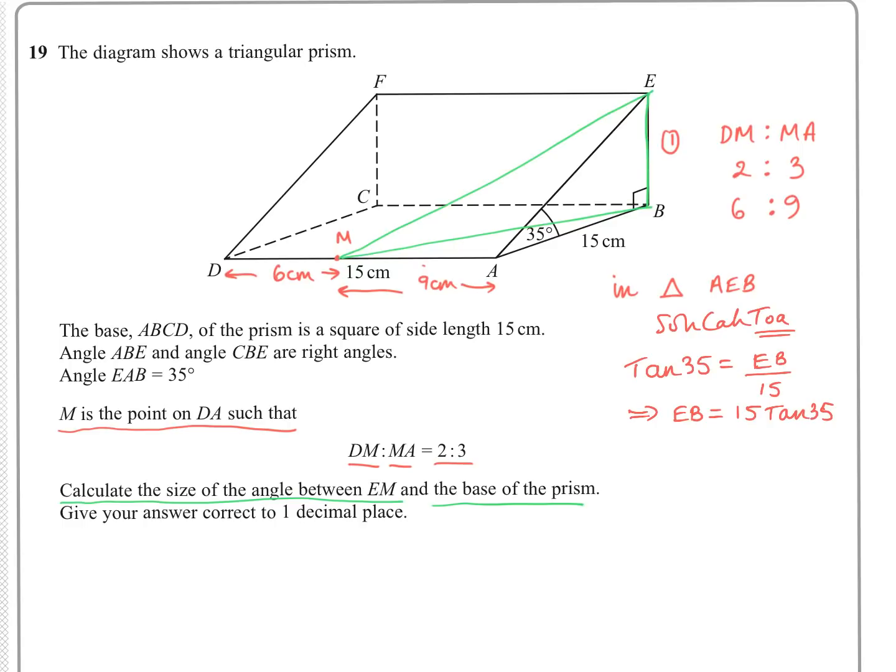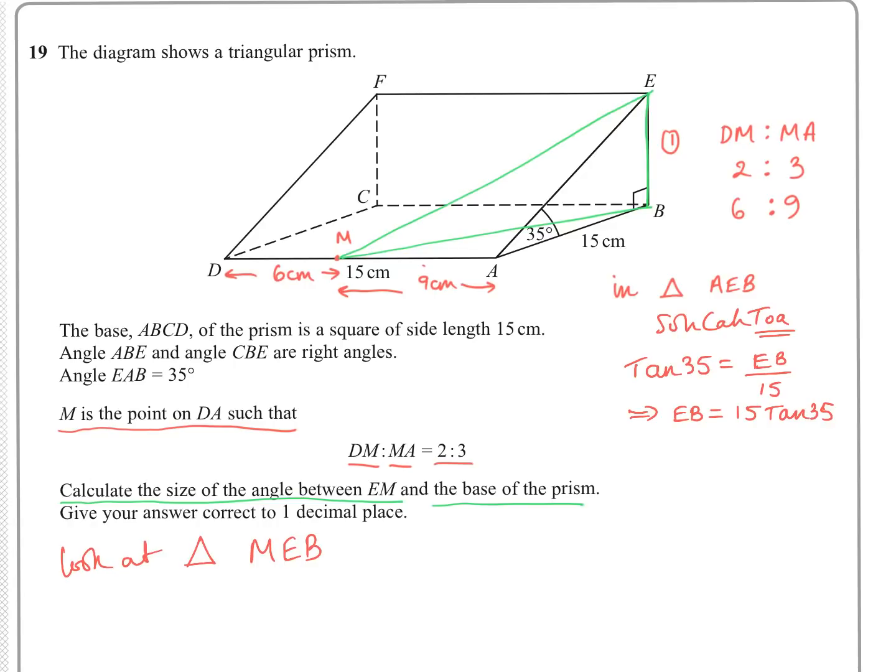Now the next thing is we need to look at the large triangle, so we now need to look at triangle MEB, and we need to see, well, what type of triangle is it? Well, it's a right angled triangle.